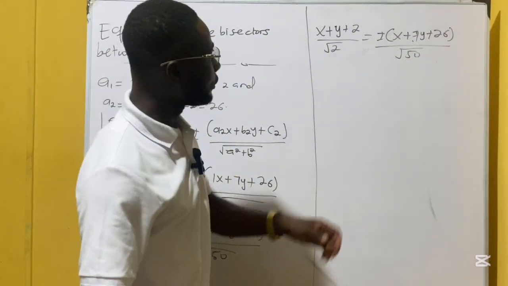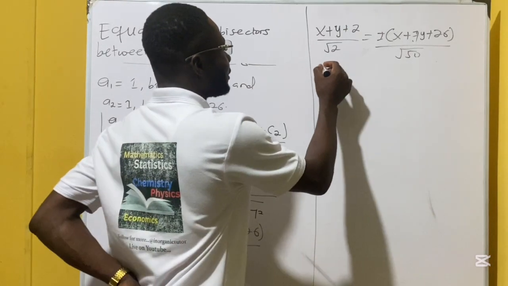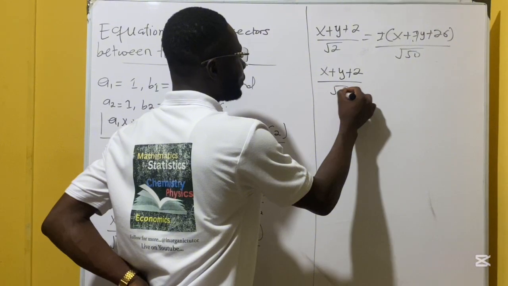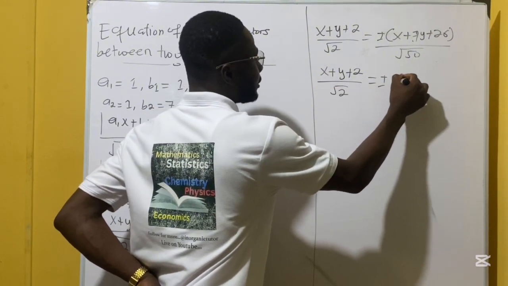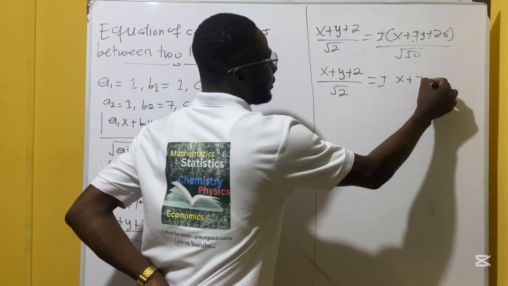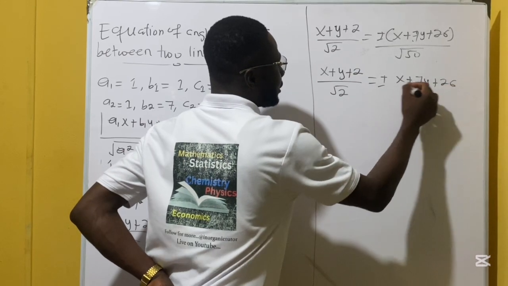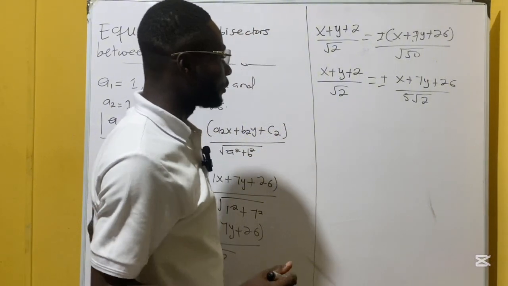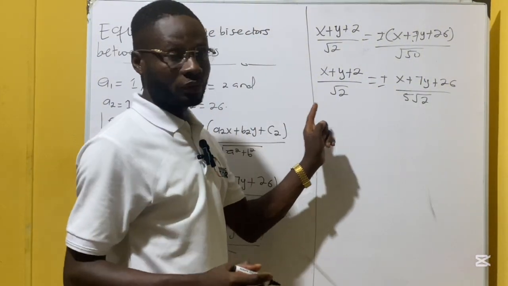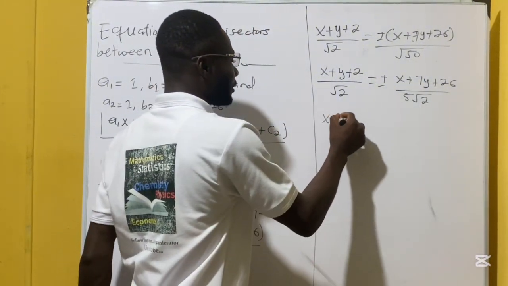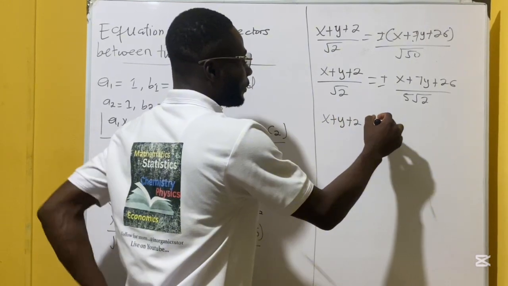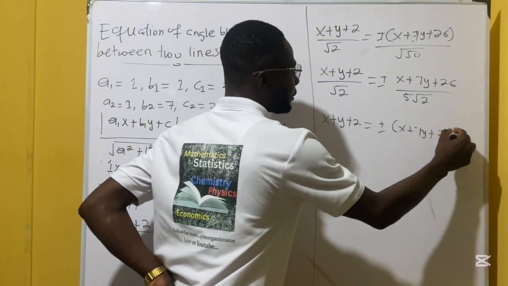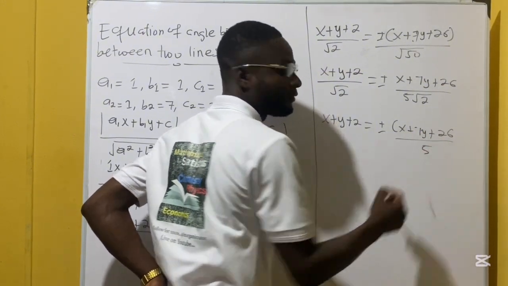The square root of 50 is 5 times the square root of 2. So x plus y plus 2 over the square root of 2 equals plus or minus x plus 7y plus 26 over 5 times the square root of 2. Multiplying both sides by the square root of 2, we have x plus y plus 2 equals plus or minus x plus 7y plus 26 over 5.